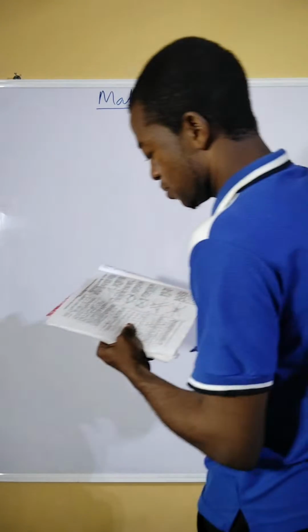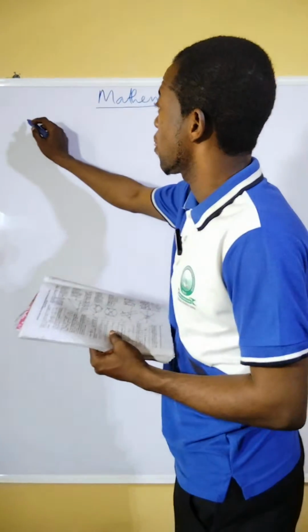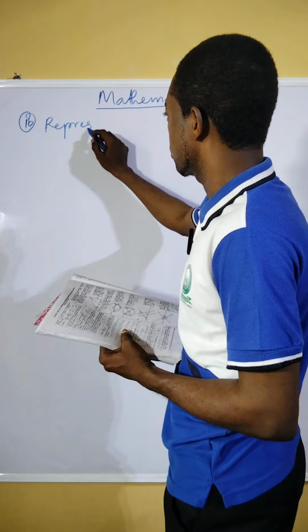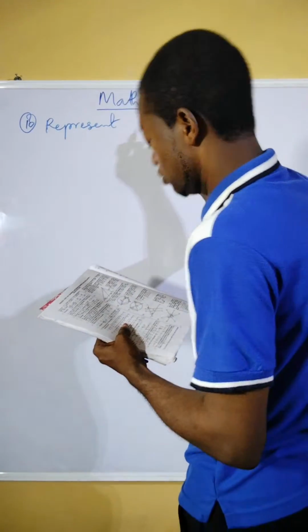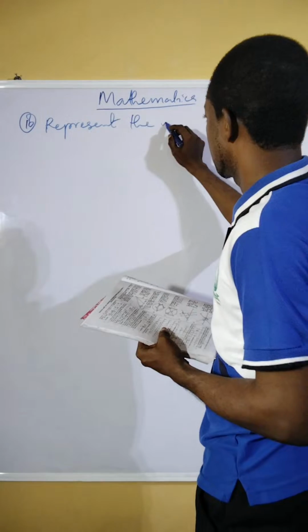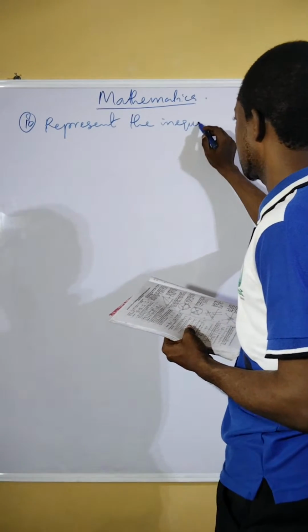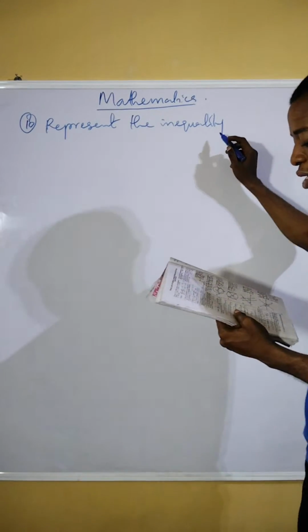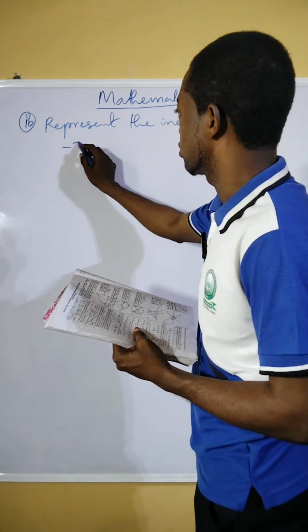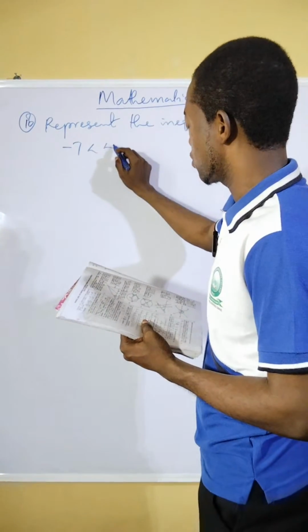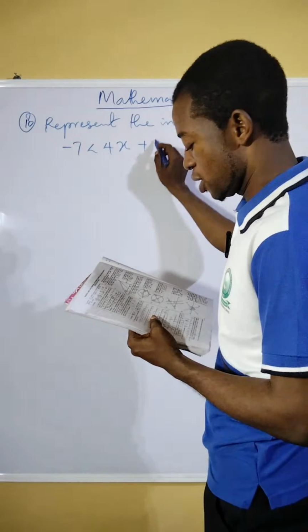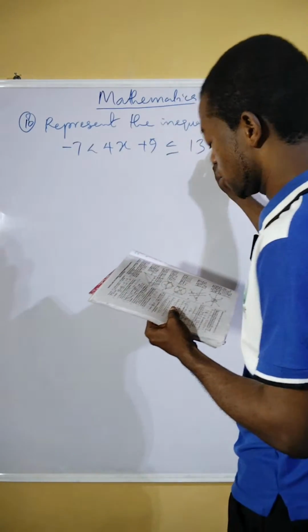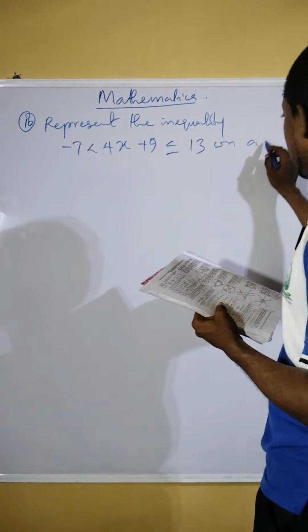Number 10 is: represent the inequality -7 less than 4x plus 9 less than or equal to 13 on a number line.